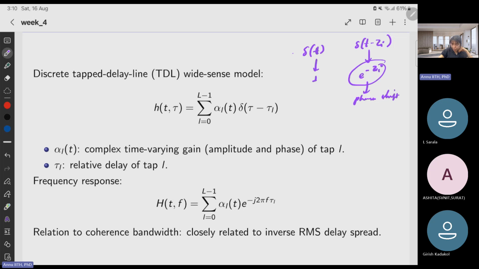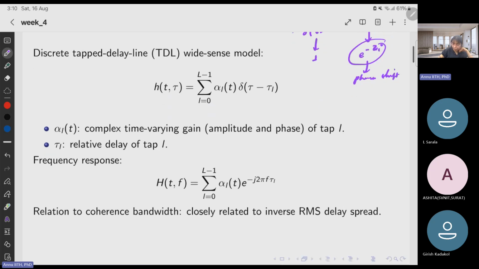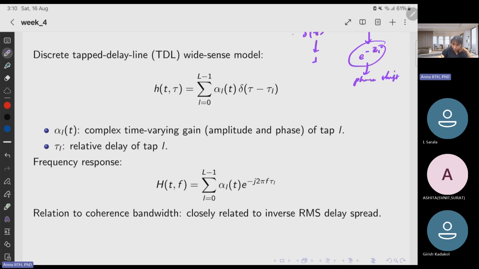Since every channel tap shows a phase shift, every tap has one phase, second phase, third phase. So this tau_l is a phase or the delay. You can call it a delay also, the relative delay of tap l, where alpha_l(t) is a complex time varying gain with amplitude and phase of tap l.